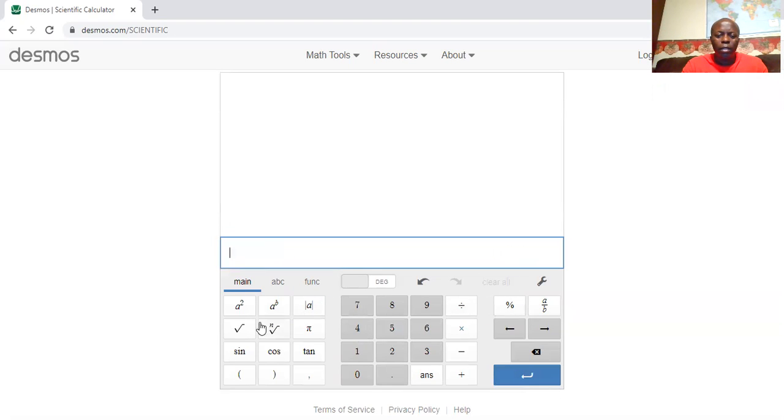That gives 4.108, which you can round up to 4.11 or 4.1, depending on the number of decimal places that you are asked to use.